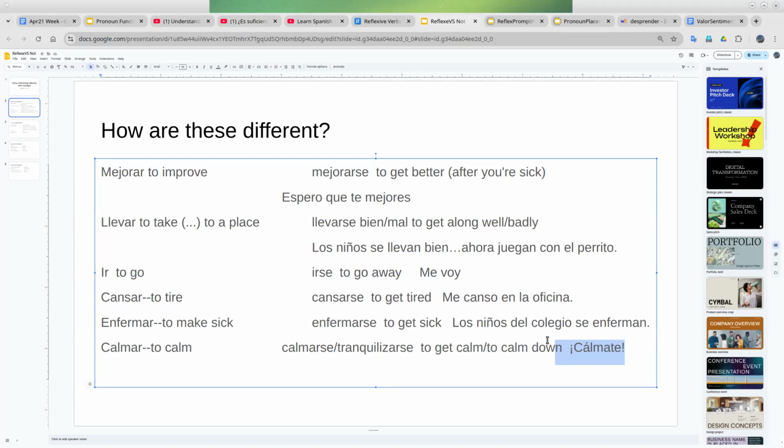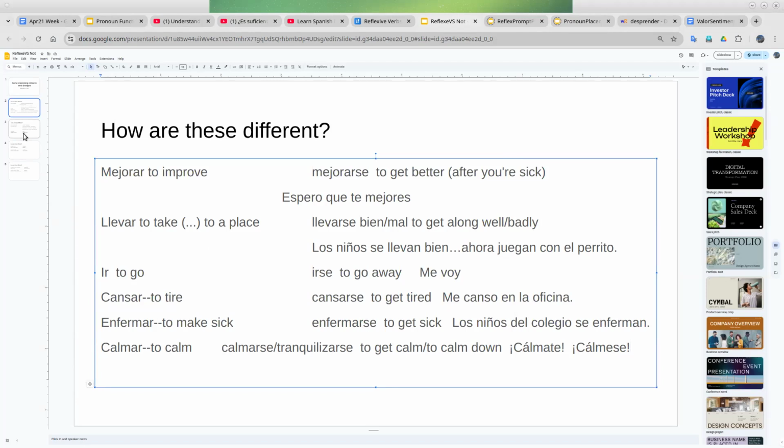And the way that we make that instead of a tú command into an usted command would be cálmese. See, bien. So those are commands. But you hear cálmate a lot.